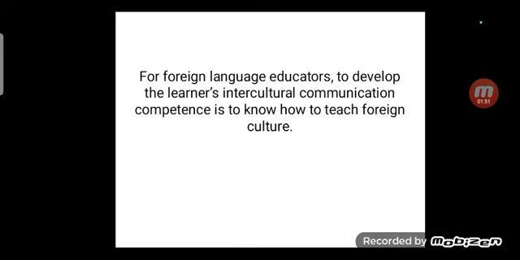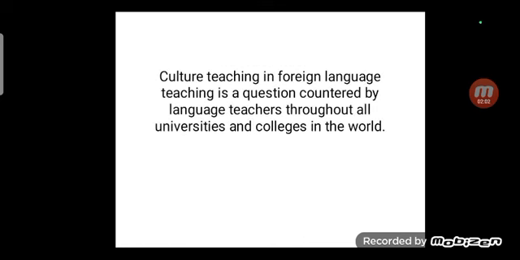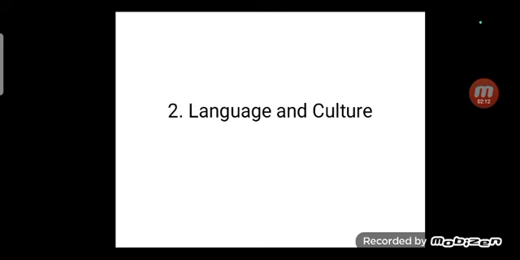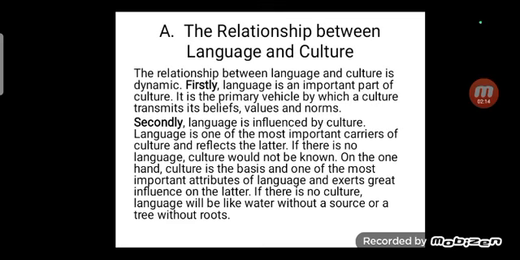For foreign language educators, to develop the learner's intercultural communication competence is to know how to teach foreign culture. Culture teaching in foreign language teaching is a question conducted by language teachers throughout all universities and colleges in the world. The second is language and culture.